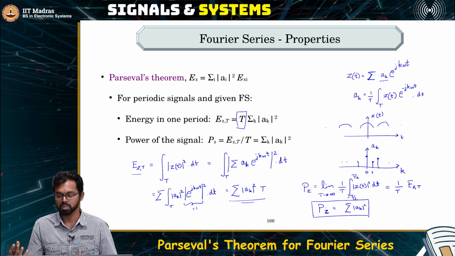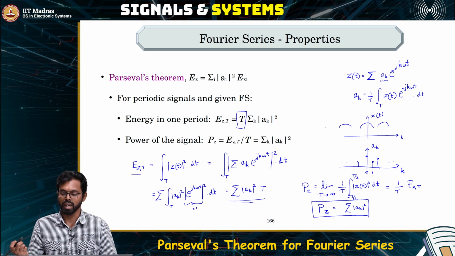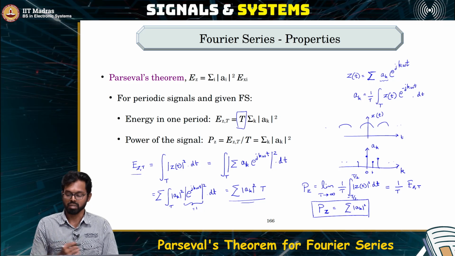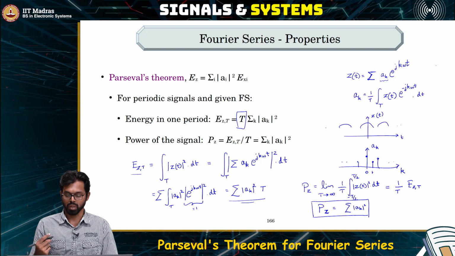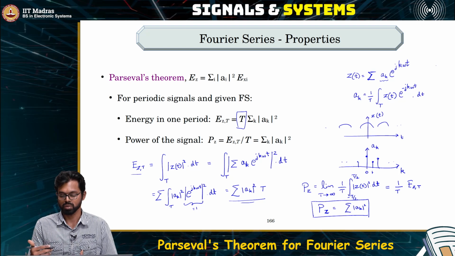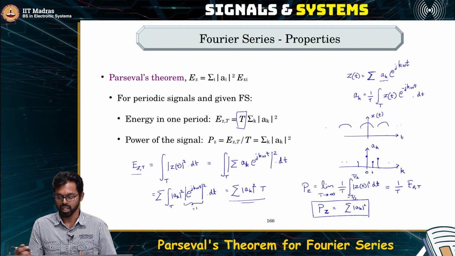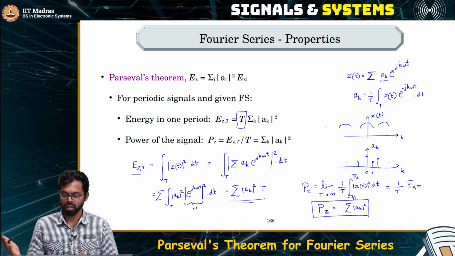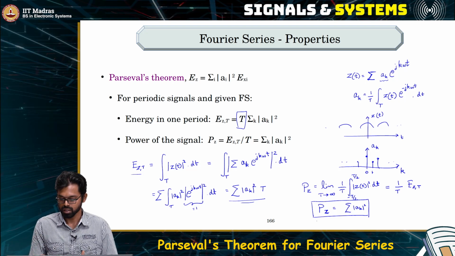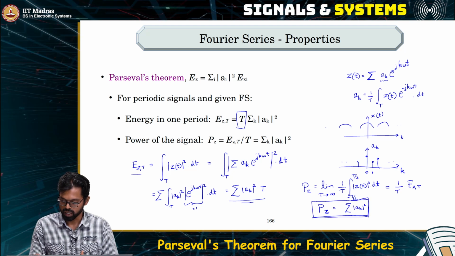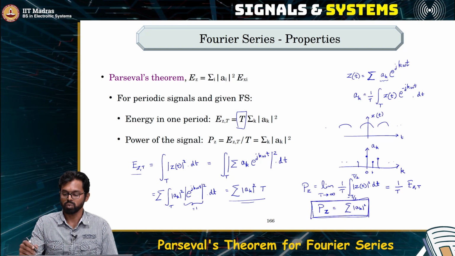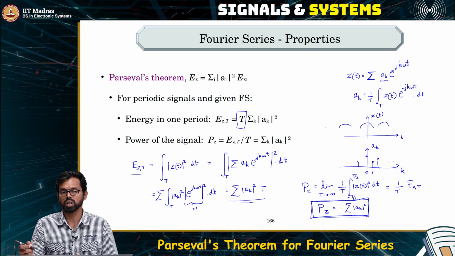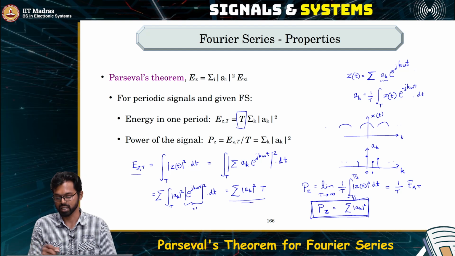This makes sense because the power present in the eigenfunctions, which are the bases that we have chosen here, is equal to 1, because their energy in one period is T, so their average energy, which is the power, is equal to 1. And remember what we talked about earlier: when we have orthogonal signals, the powers add up. So in this case, the powers just add up. The power of one component is nothing but the squared magnitude of the corresponding Fourier series coefficient, and that's exactly what we get here.